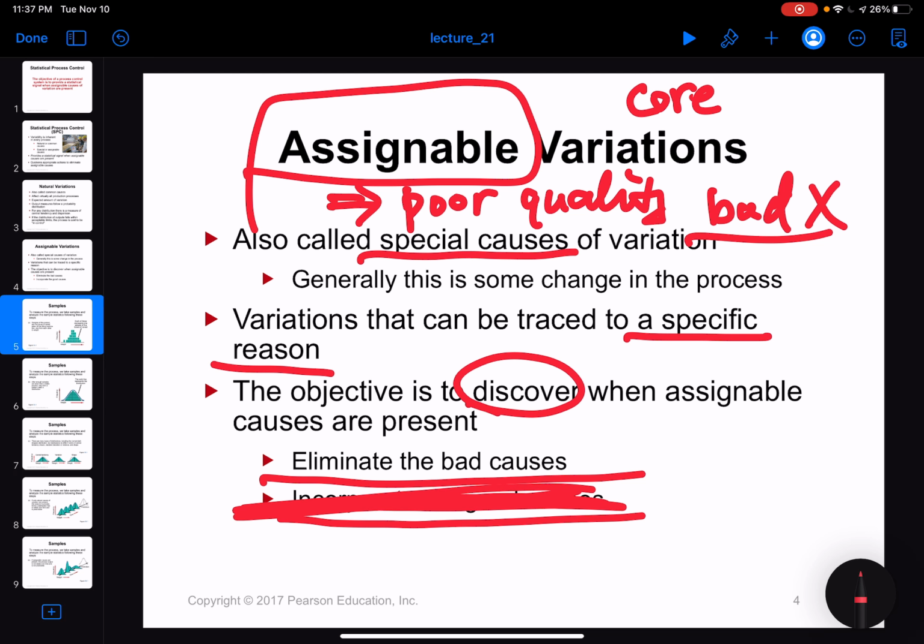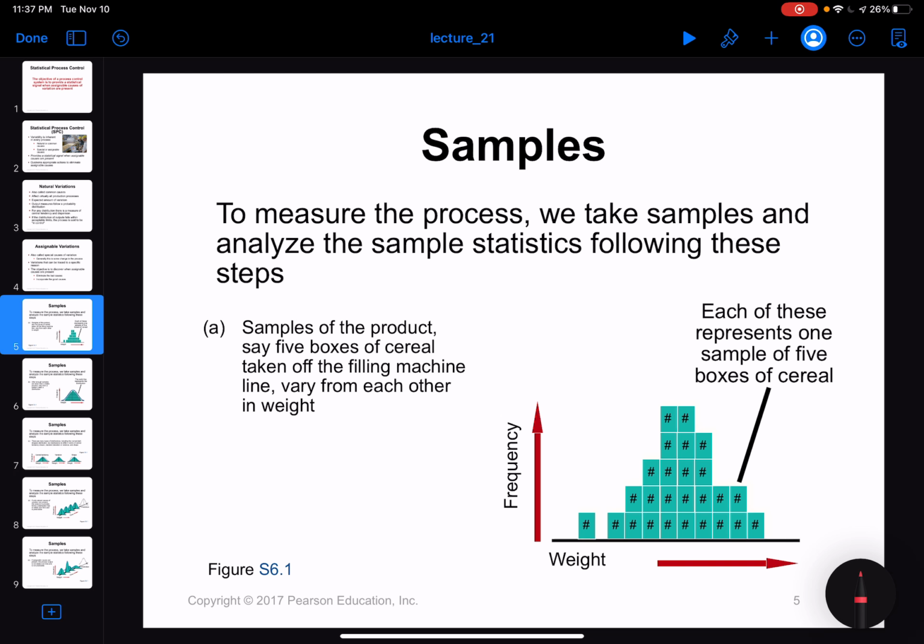Okay, let me show you some examples. First of all, in SPC, statistical process control, I almost said statistical quality control. I think that's basically the same thing, but we have to be careful about the terms. So in SPC, what do we need to do? We need a sample.